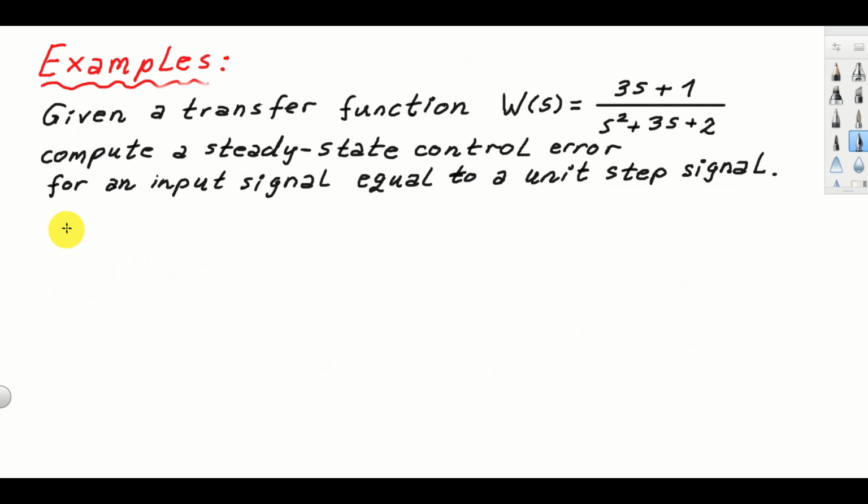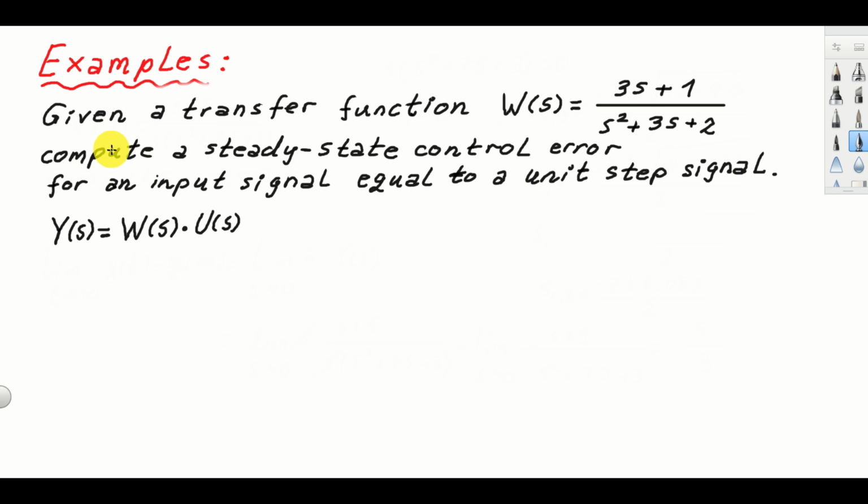The transfer function relates the outputs to inputs. In the complex Laplace domain, Y(s), that is the output, will be the transfer function W(s) multiplying U(s), where U(s) is the Laplace transform of the applied control signal.